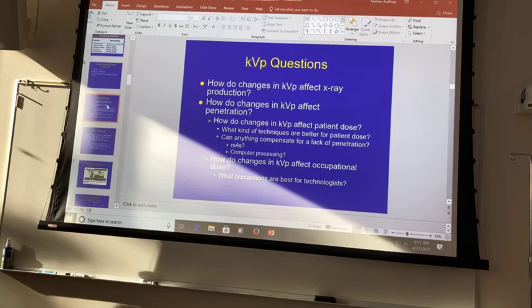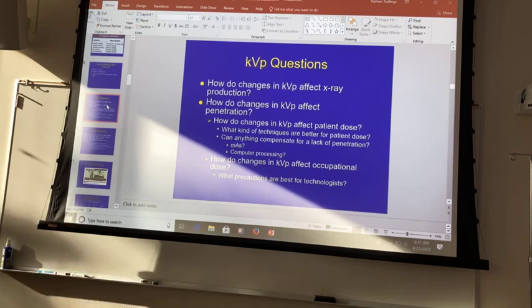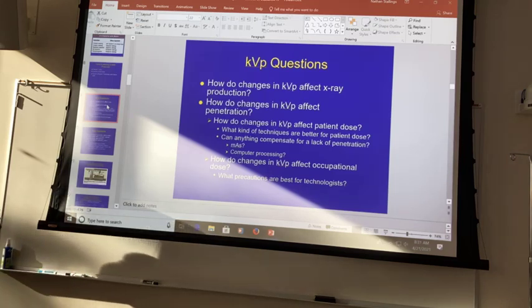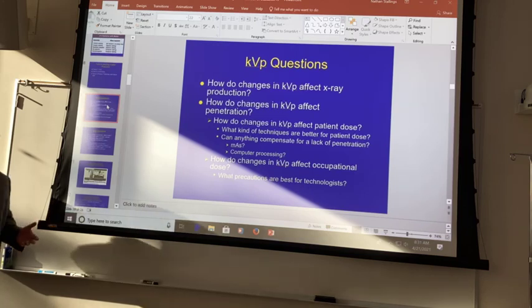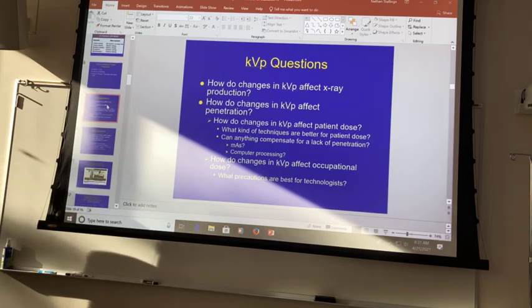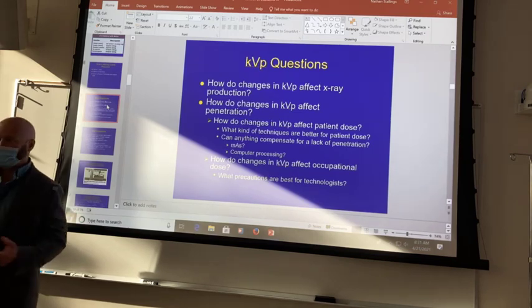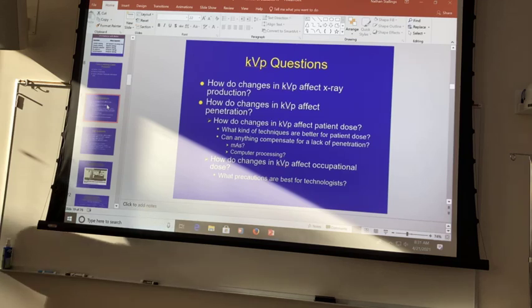As kVp goes up, you increase penetration, and therefore if we increase kVp and decrease mass, then we get a reduction in patient exposure. If the only thing that we do is increase kVp, patient exposure goes up. So techniques that are better for the patient will be higher kVp. You don't want to shoot everything with 100 kVp, but higher kVp with lower mass is better for patient dose.